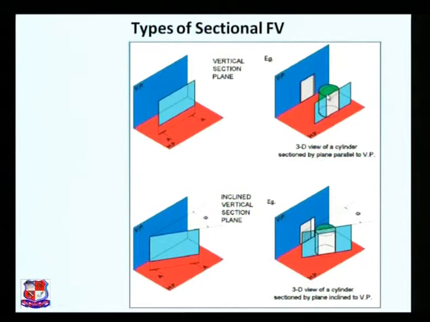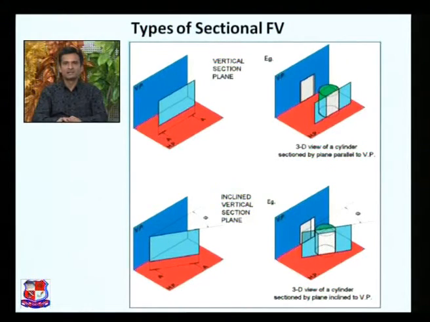Here the cylinder is there, so here this is the 3D view of a cylinder sectioned by the plane parallel to vertical plane. This is a cutting plane which is parallel to this vertical plane. The second case is there, the cutting plane is inclined to vertical section plane like this.